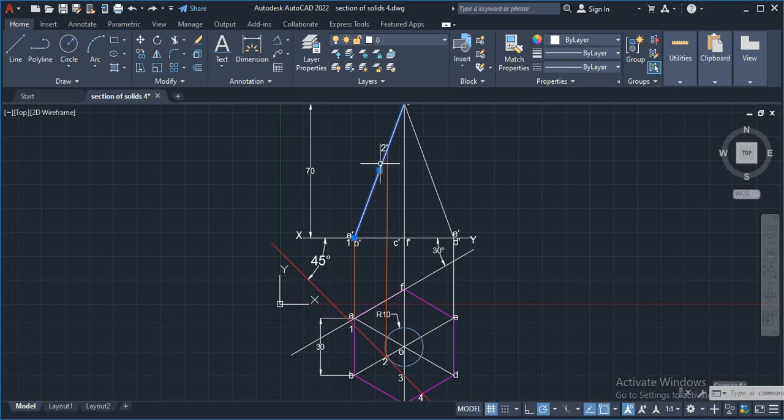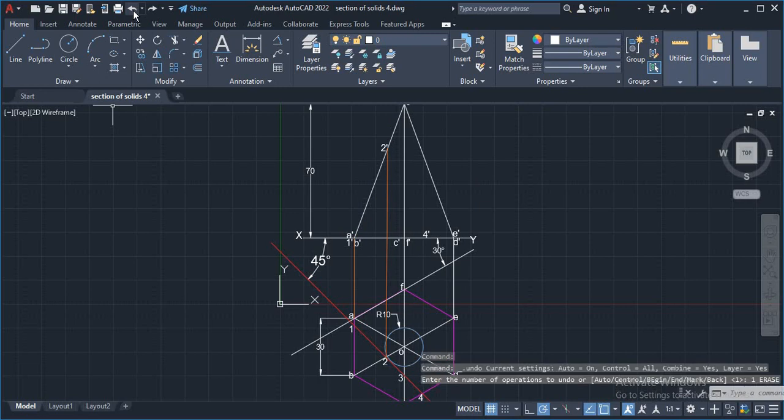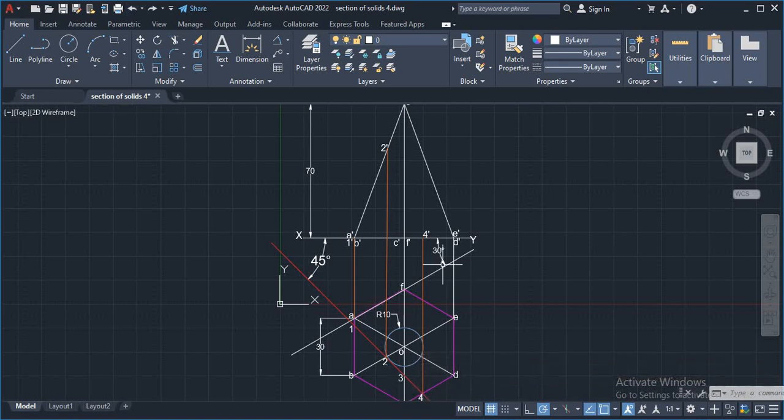This is the B dash O dash line. Draw a vertical projection line up to this slant line and mark the point as 2 dash. Now to mark the point 4 dash, draw a vertical projection line from the point 4 up to the XY line. Since it is cutting in the face, draw up to the XY line and mark the point 4 dash. The point 3 is difficult since it is on the vertical line, so we cannot directly mark the point 3 dash.